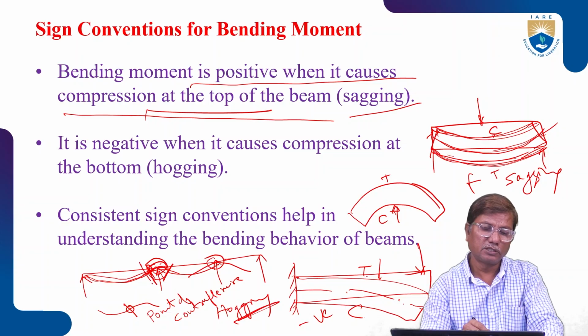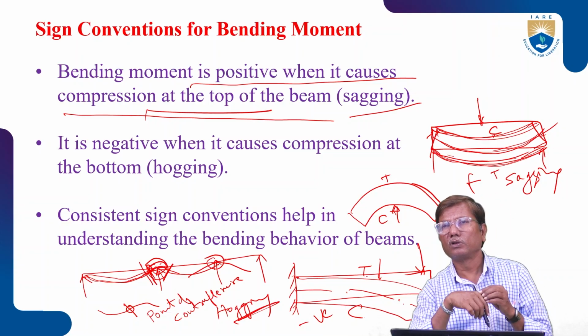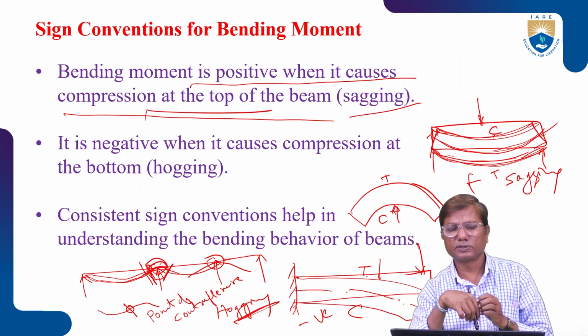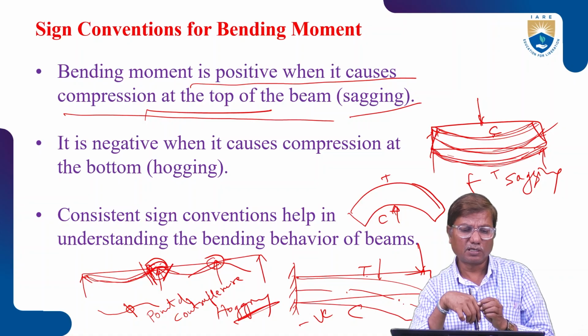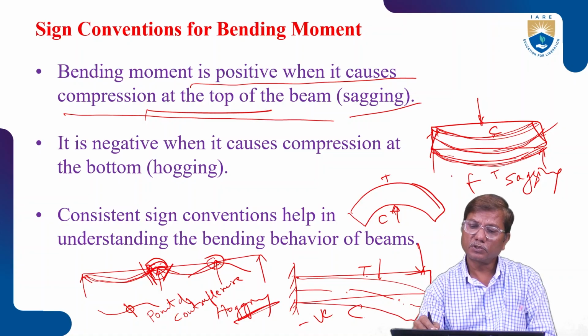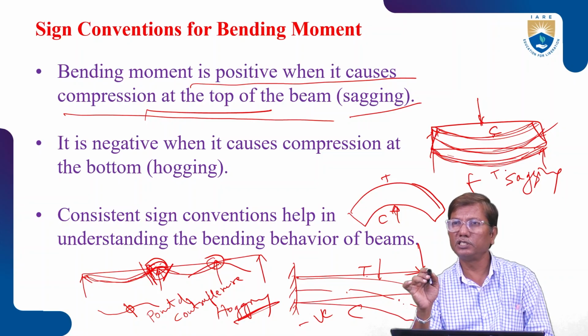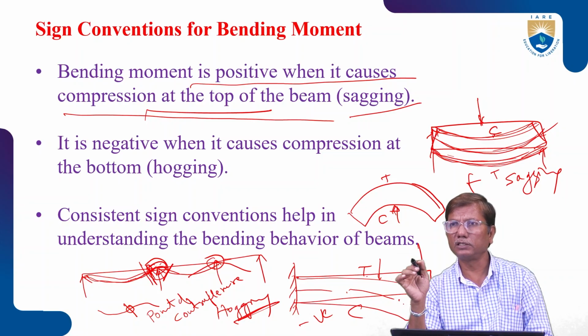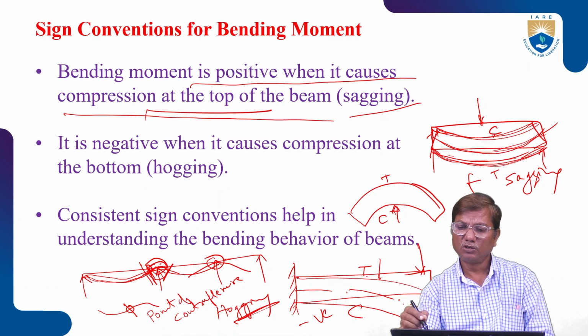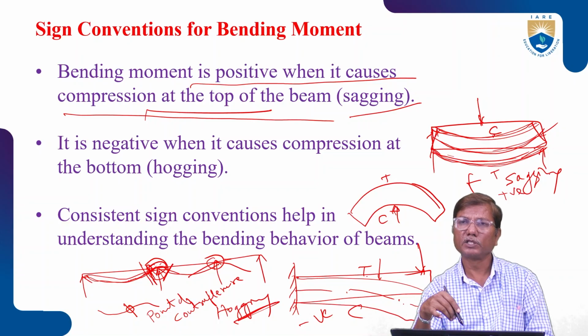So the bending moment changes sign in continuous beams at the intermediate supports. But in a simply supported beam without overhang, we will have only positive bending moment, no negative bending moment.